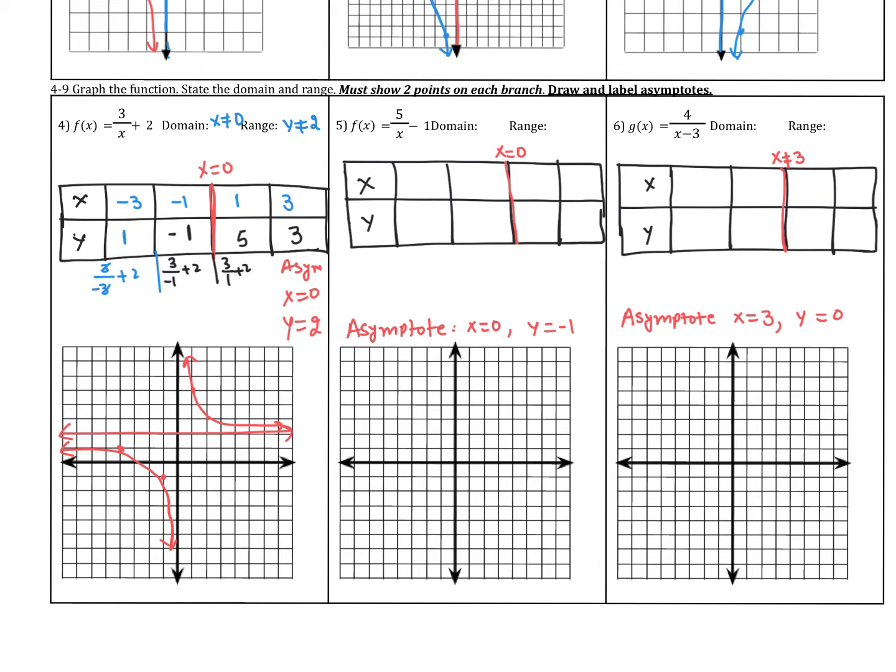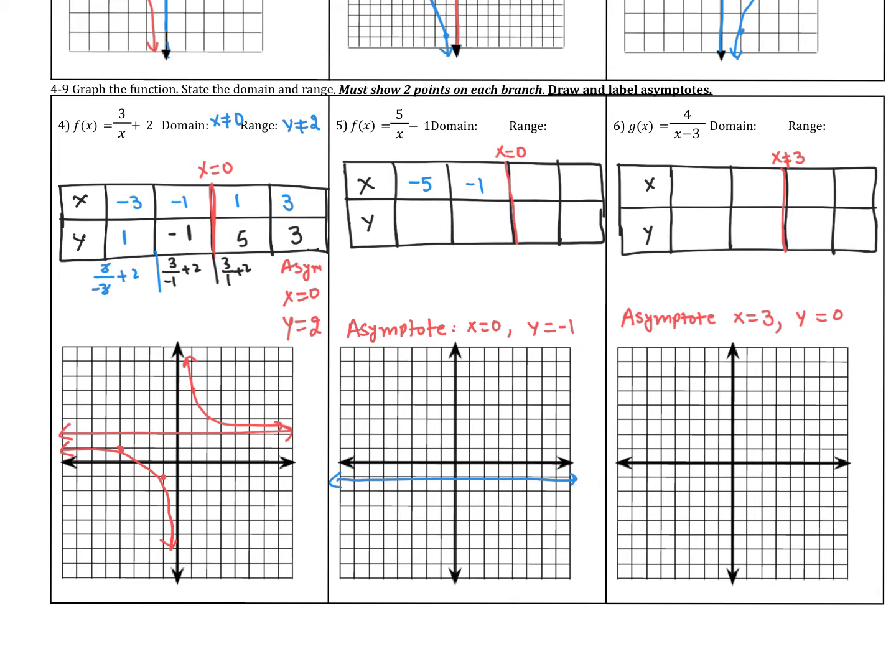For number 5, you cannot have x equals 0 because that is from the bottom will make the denominator 0. Y equals negative 1 is going to be your y asymptote, and you graph the y asymptote as a horizontal line. The points that you're going to take left of 0 is negative 1 and negative 5.